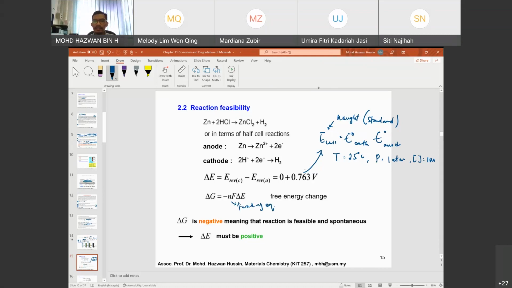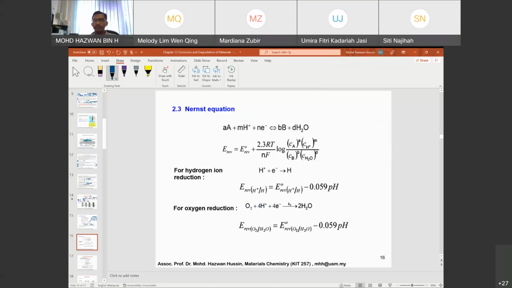So you have delta G is equal to minus NF multiplied by delta E. N is the valency number, F is the Faraday constant, which is equal to 96,500 coulombs, and delta E is the standard potential in volts.